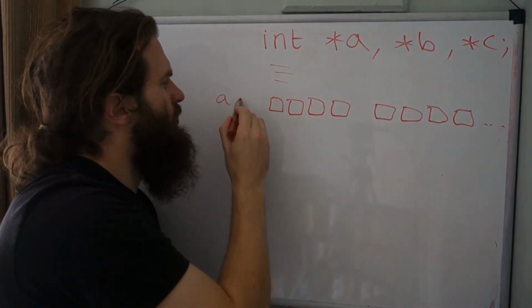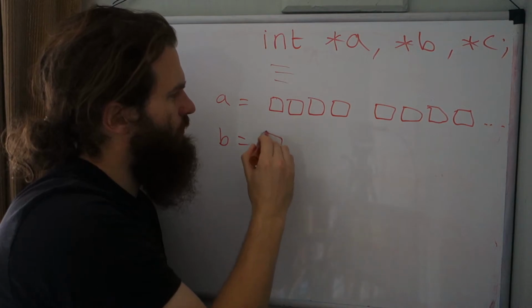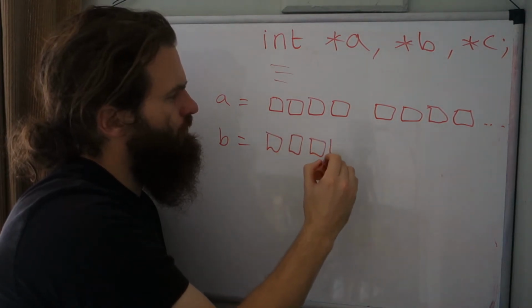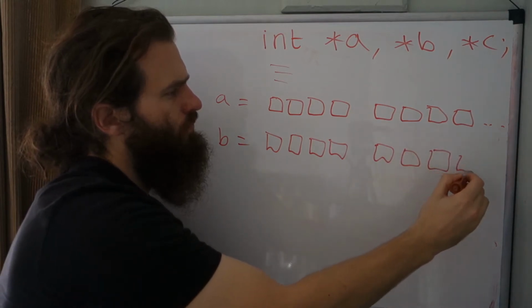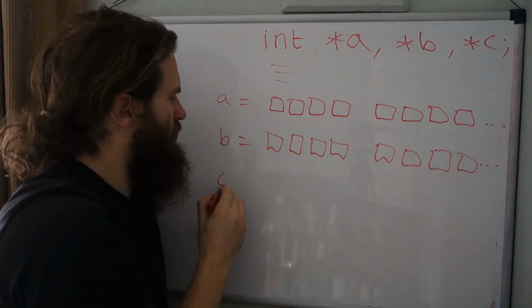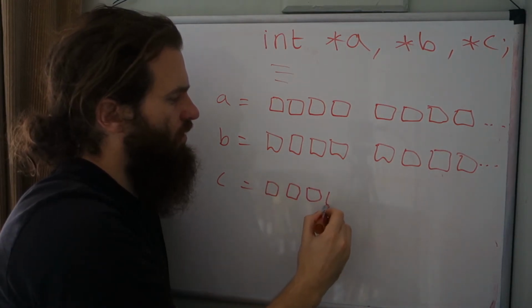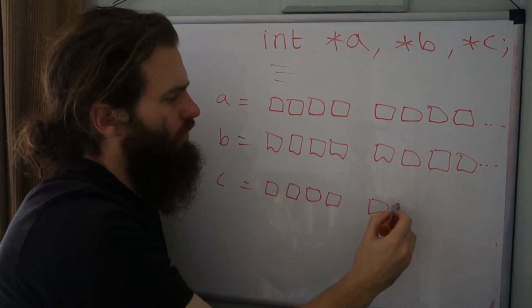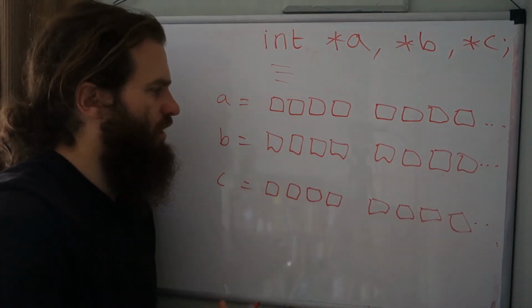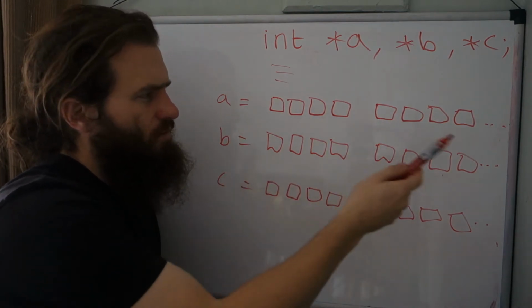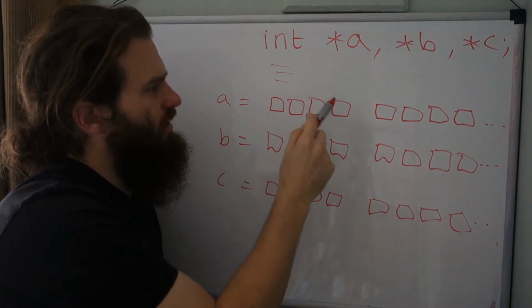And our A will be like this, our B will be like this as well. And our C will be like this. So quite straightforward so far, right? So A, B and C all take up space in memory, or they're addresses to space in memory, where we're putting integers.